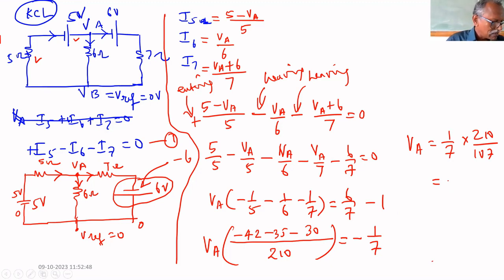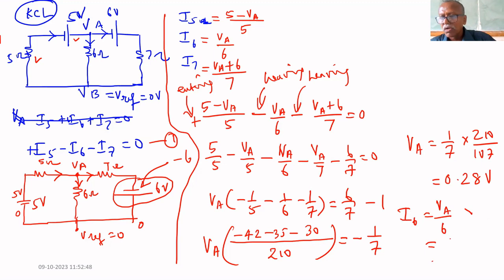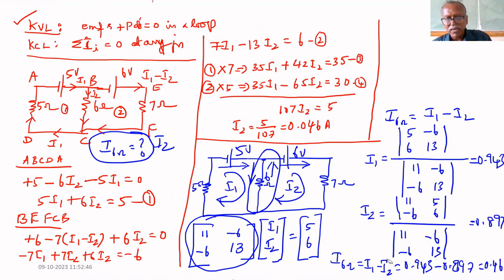Equal to how much? 0.28, am I correct? VA equal to 0.28 volts. Therefore, I6 equal to what? VA divided by 6. Therefore, 0.28 divided by 6 equals 0.047, which is the answer we got earlier.